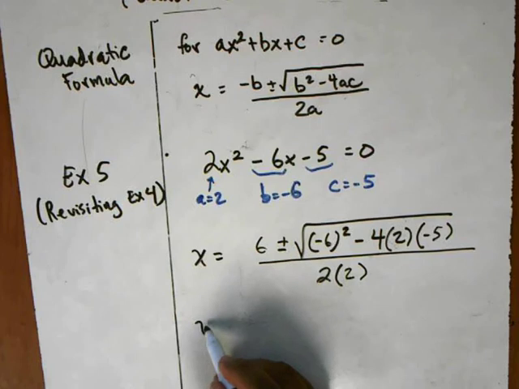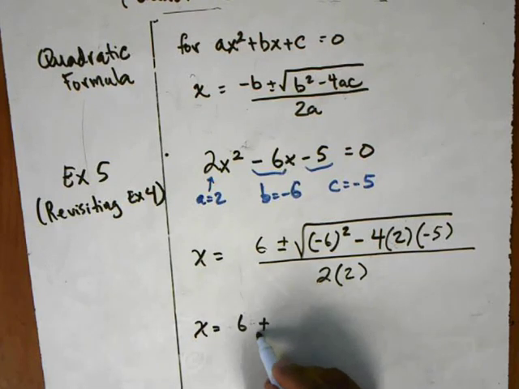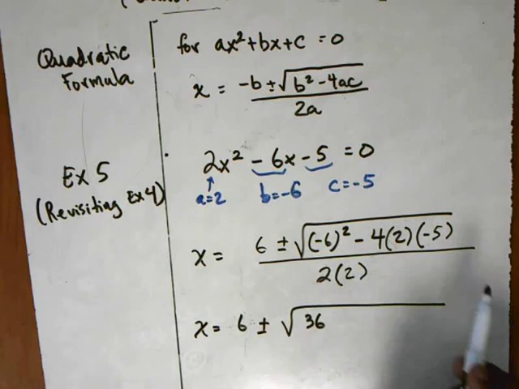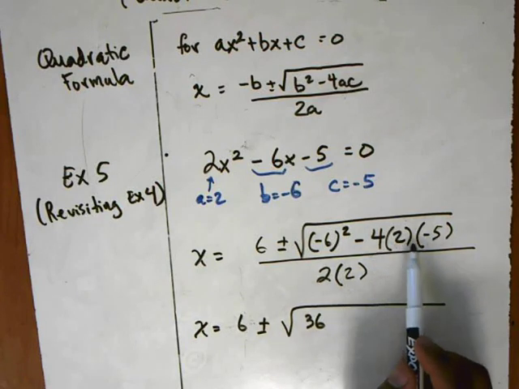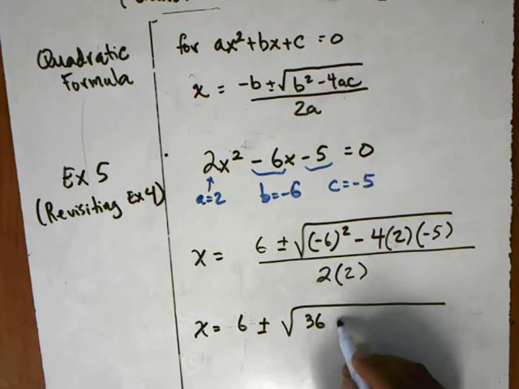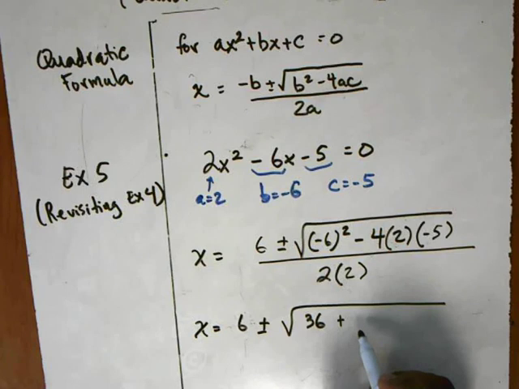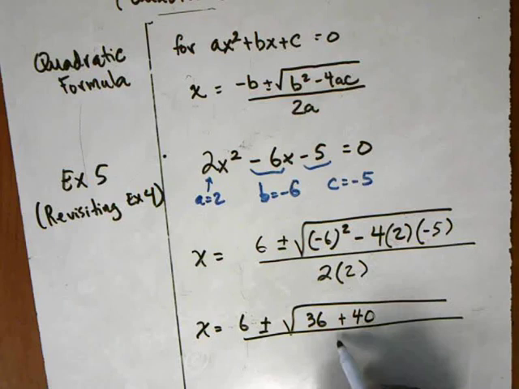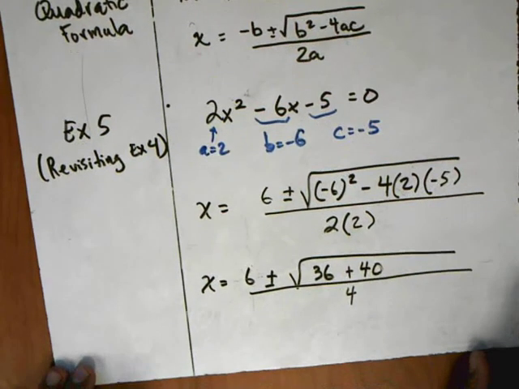And then now we just have to simplify. x equals 6 plus or minus square root of 36, minus 4 times 2 times negative 5. That is 8 and 5, so that's 40. All of that over 4.